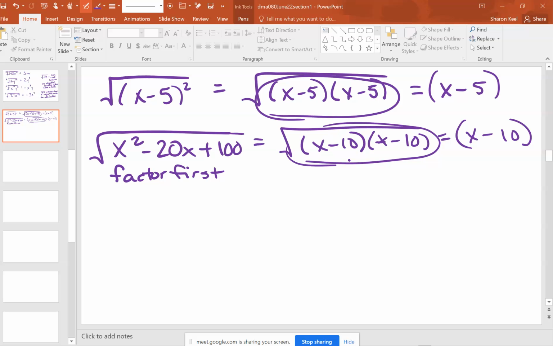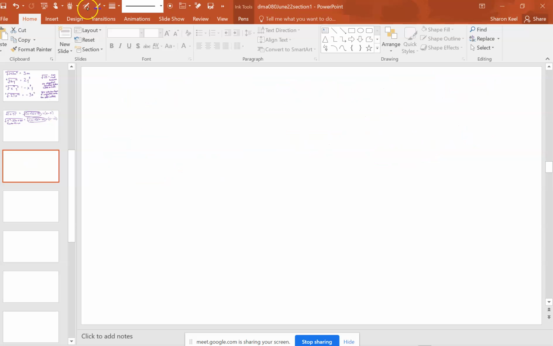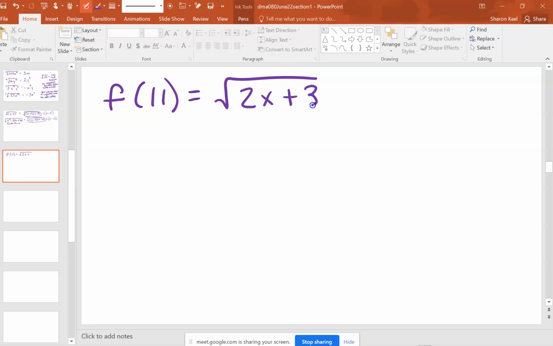If you have something written as a function, because we don't want to forget about function notation, let's say we have f of 11 equals the square root of 2x plus 3. This means, in other words, f of x. So we're plugging in 11 for the x.